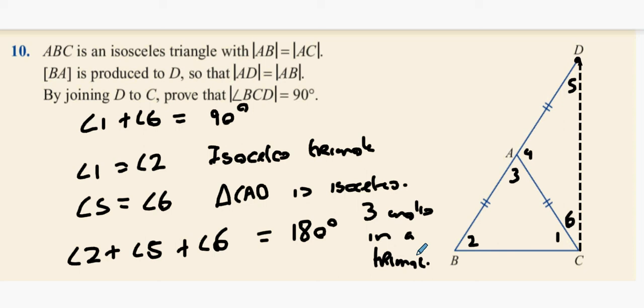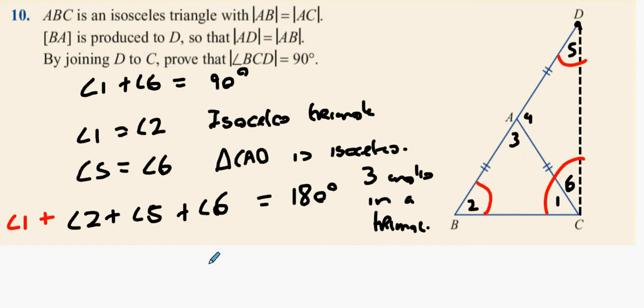Now, I also forgot, sorry, that was a mistake there. It's angle 5, angle 1 and 6 and angle 2. So I need to have angle 1 in here as well. Now, I'm going to replace angle 2 with angle 1.